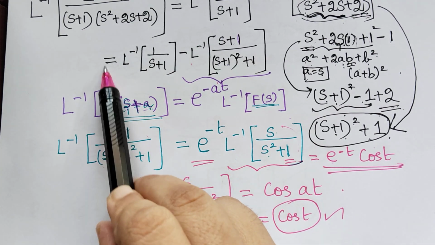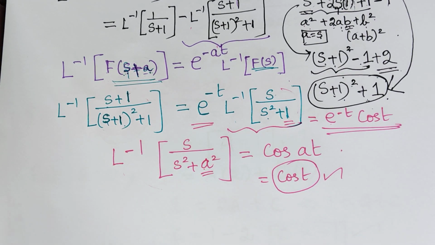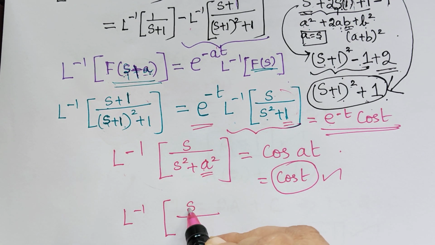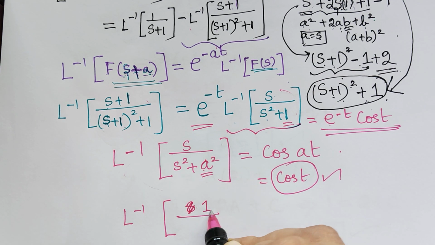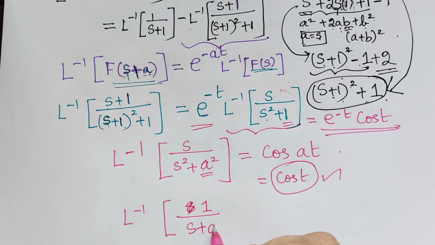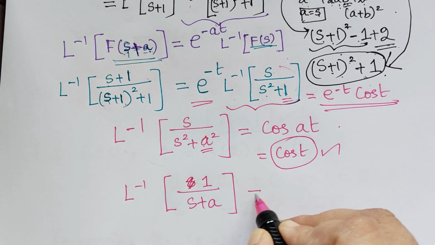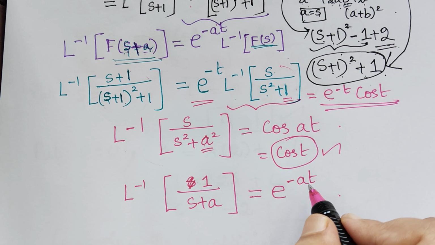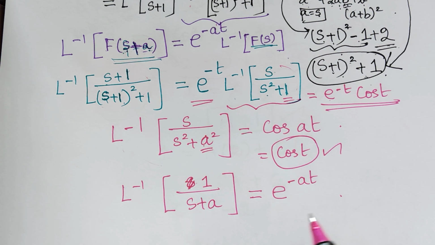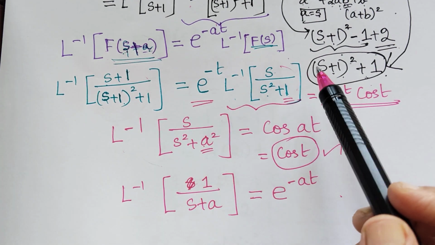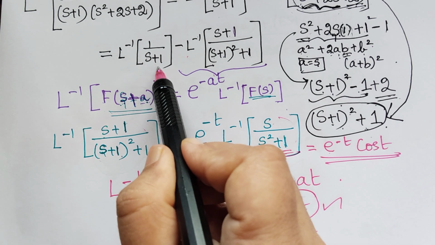And for this we will be using another formula, that is inverse Laplace transform of 1 divided by s plus a, which is equal to e to the power minus at. So these two formulas we have to use here. So here if you see the value of a is 1.